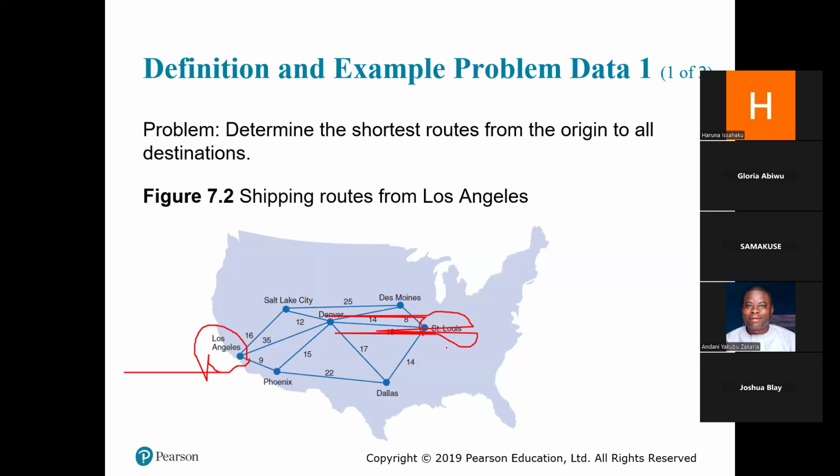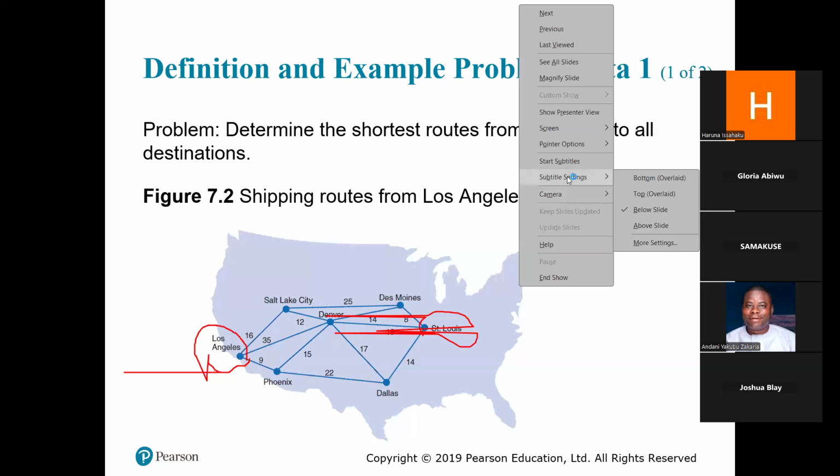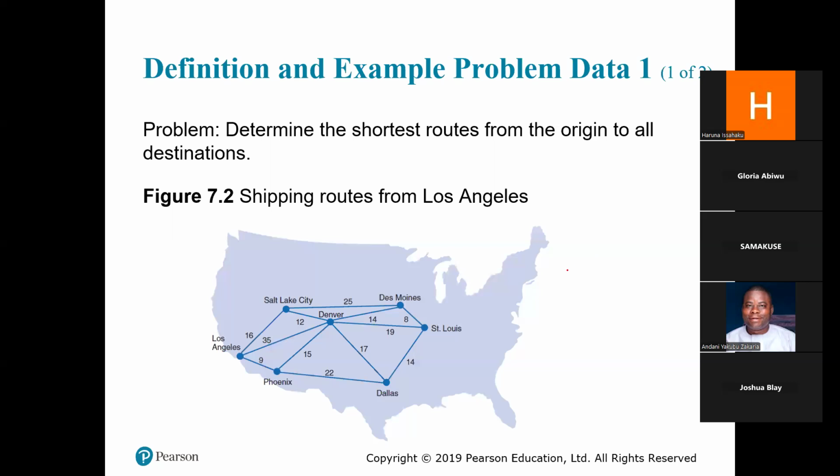Or if you want to go to Denver, which road should you use? Should you use this route, or this route, or that route?